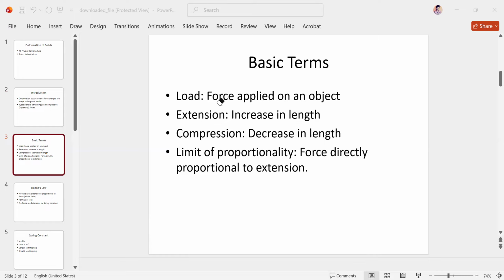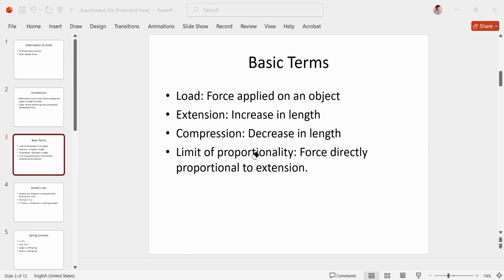Load means force applied on an object. It may be tensile or compressive. Second, extension. When a tensile load is applied, it increases the length of the body, and with compression, it decreases its length.